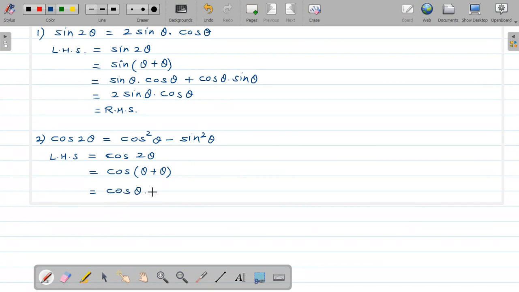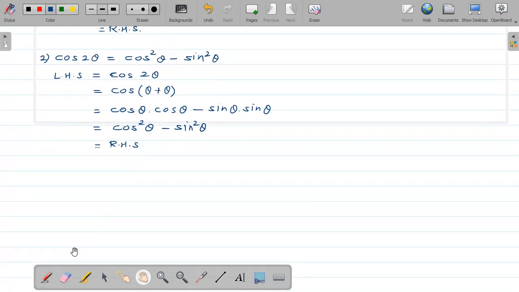Cos A into cos B minus sin A into sin B. And hence, if you observe this, here also A and B are theta. So we get cos theta into cos theta means cos square theta, and sin theta into sin theta is minus sin square theta, and automatically you will get the RHS. So remember this as the double angle formula for cos ratio. Cos 2 theta is equal to cos square theta minus sin square theta.